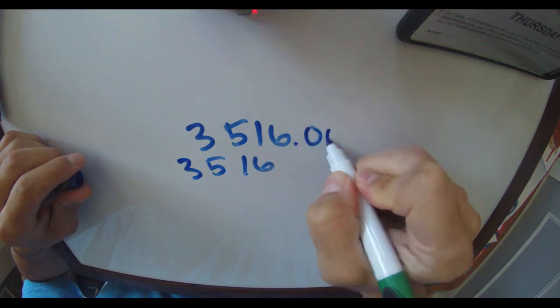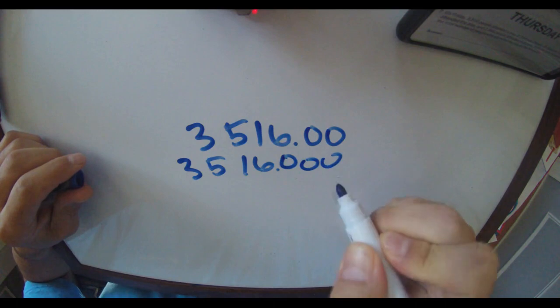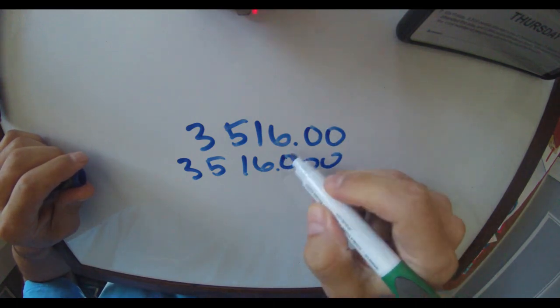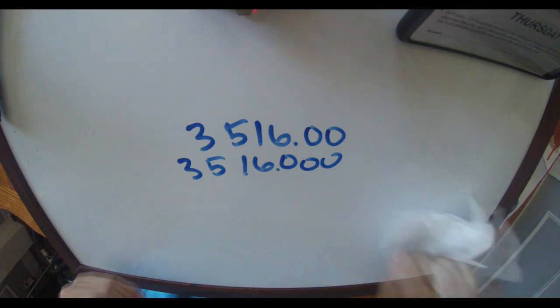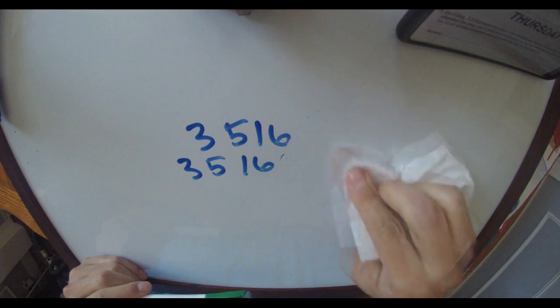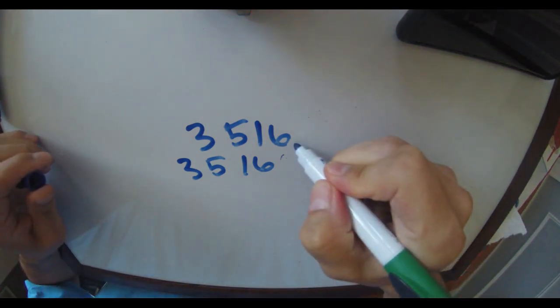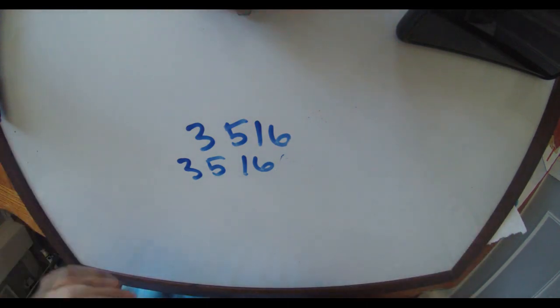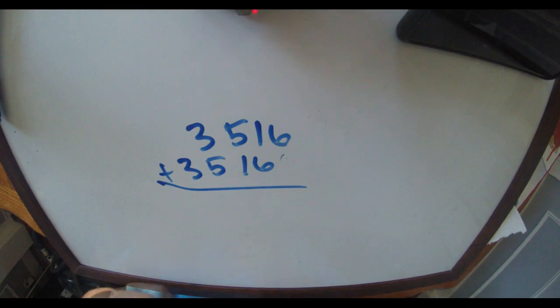You may or may not have learned this yet, but there's always a presumed decimal point. In a whole number, there's always the presumed decimal point after the whole number. So in this case, the decimal point is presumed to be at the end of those whole numbers. So that's where we would put it. If they're not lined up, this would not add up and would give us the totally wrong answer. So that's not what we need to do. So remember that, and that's going to help us in the next question.